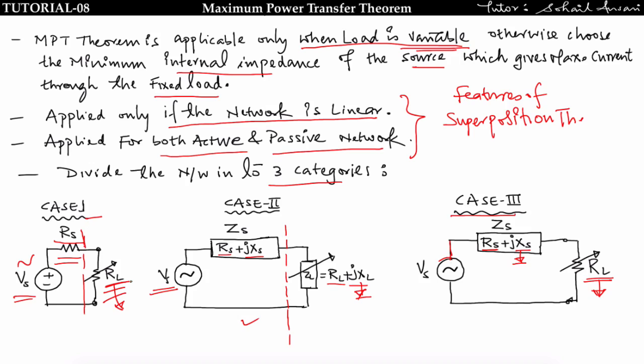In the first case both are resistive, in the second case both have resistance and reactance, and in the third case only the series impedance has resistance and reactance while the load is purely resistive in nature. Then we have to find the value of load for which maximum power is transferred. Let us see each case one by one.